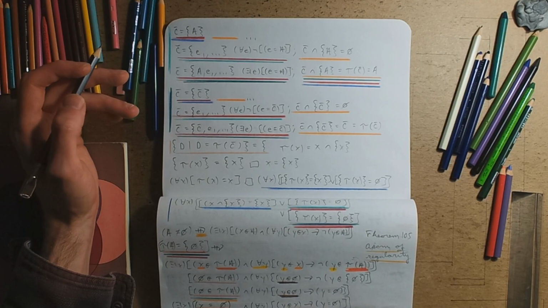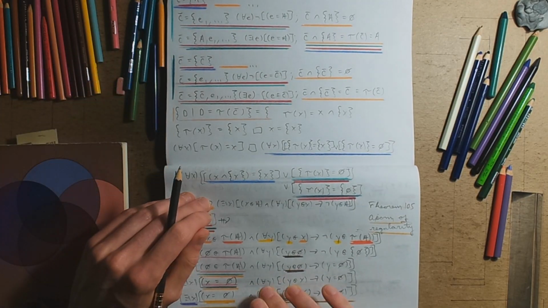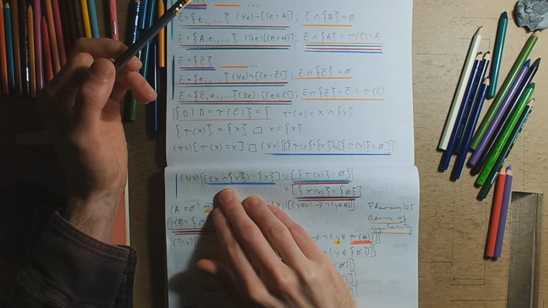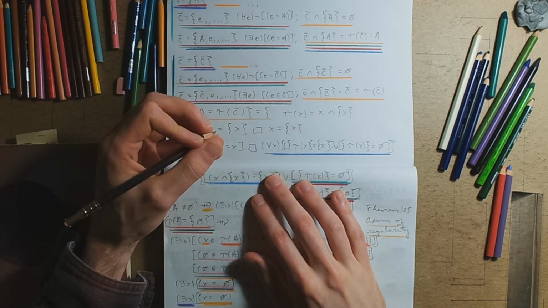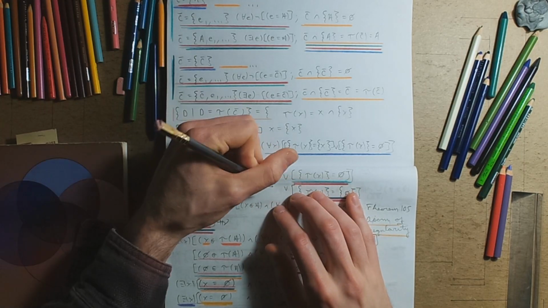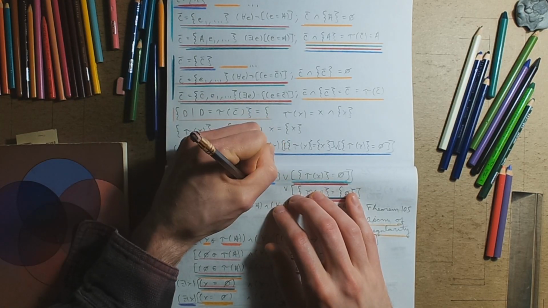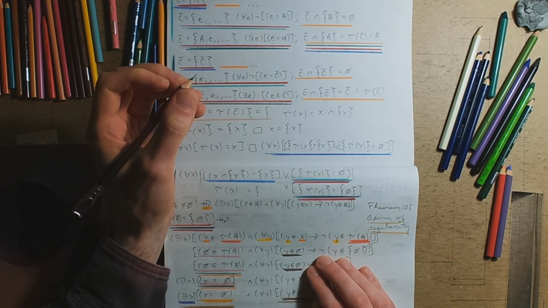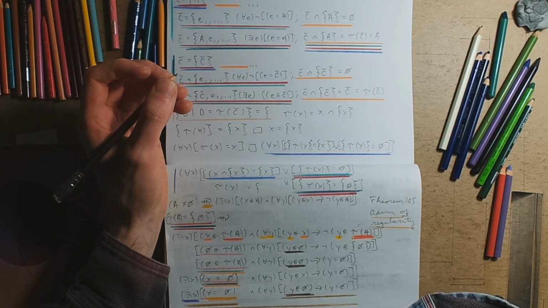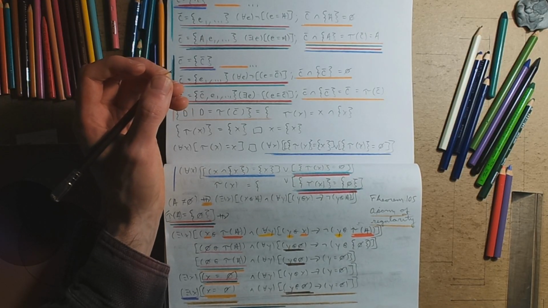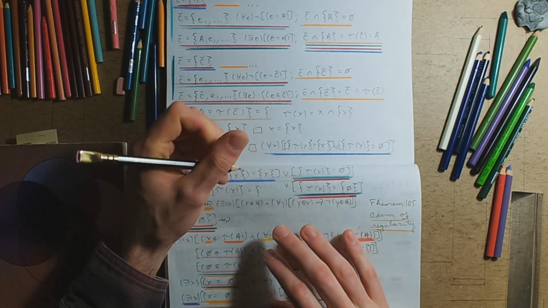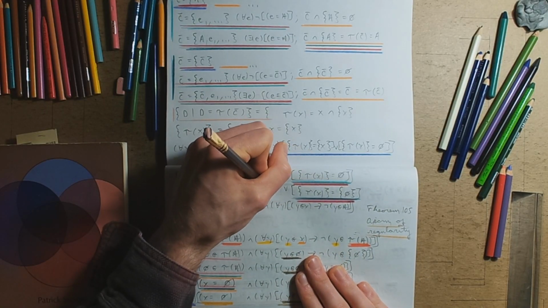But okay, so we're saying... Well, so this is also incidentally saying tau of x is equal to the set containing its elements x. Rather, the set containing its elements tau of x is equal to the set containing its elements x.